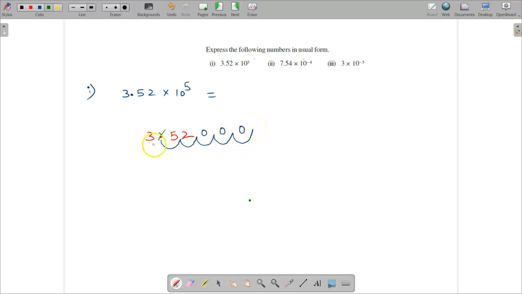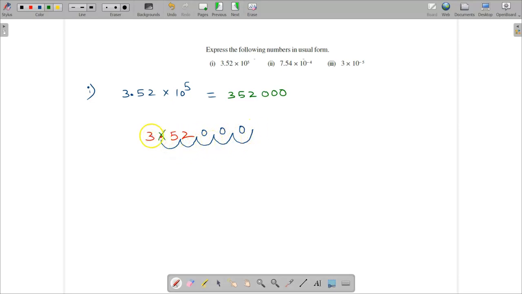So how can we write this number? It will become 352 and then 000. So what I am saying? In 3.52, this decimal point we need to move 5 times to the right side. So this point will come here, next here, next here, next here, next here.